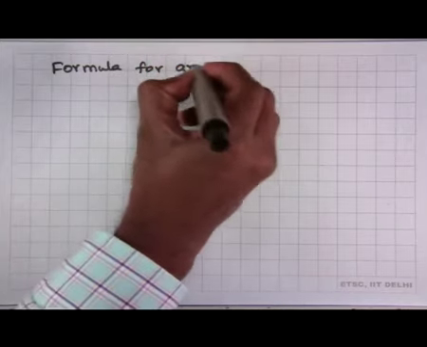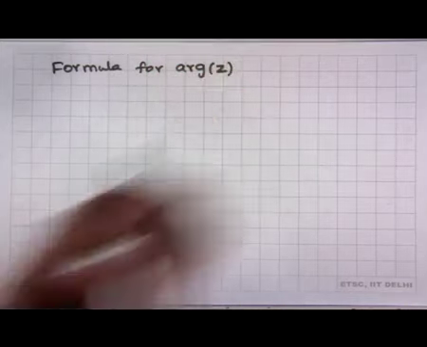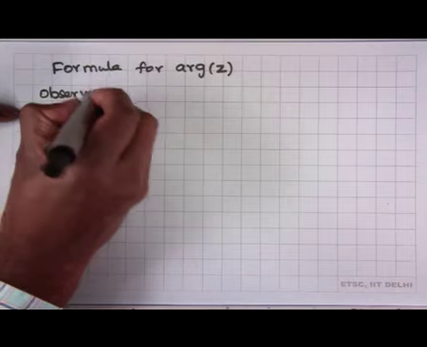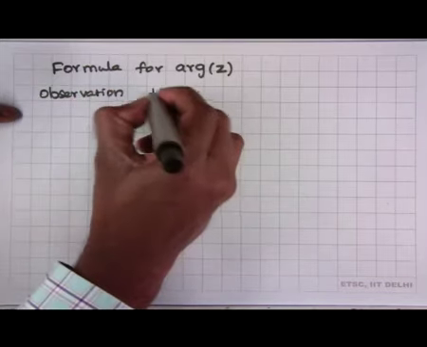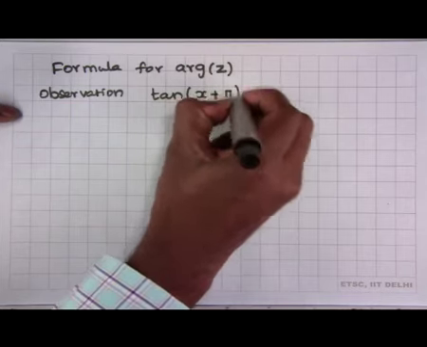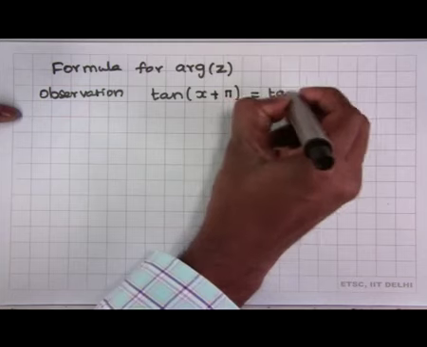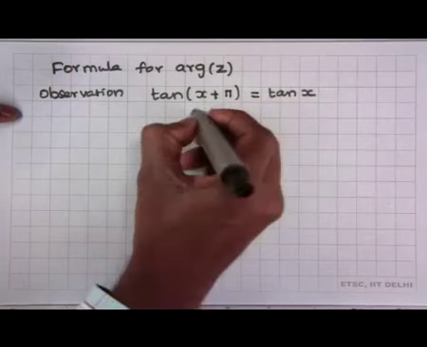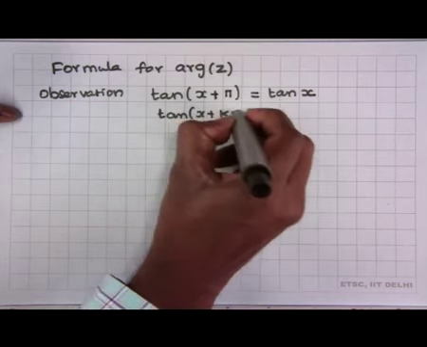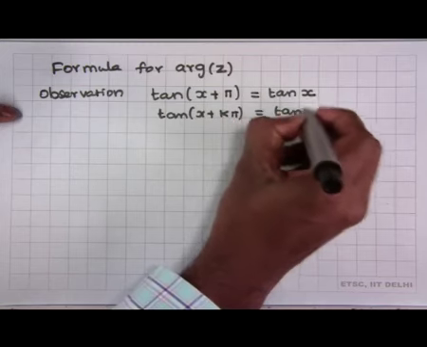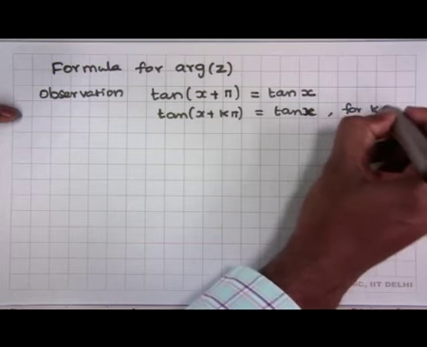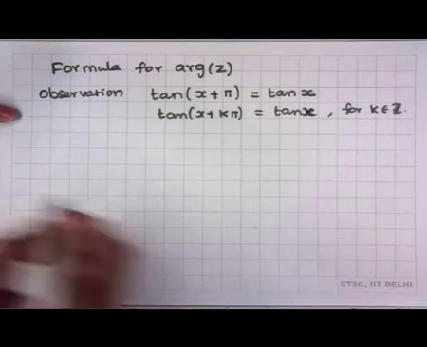Formula for principal argument of z. First observation is tan is a periodic function with period pi, which can be easily verified, or in general we have tan of x plus k pi equals tan x for k in integers.